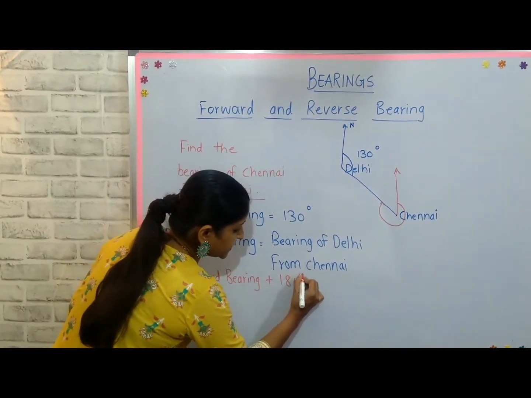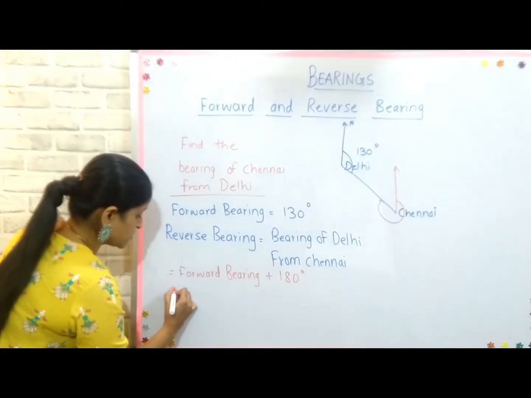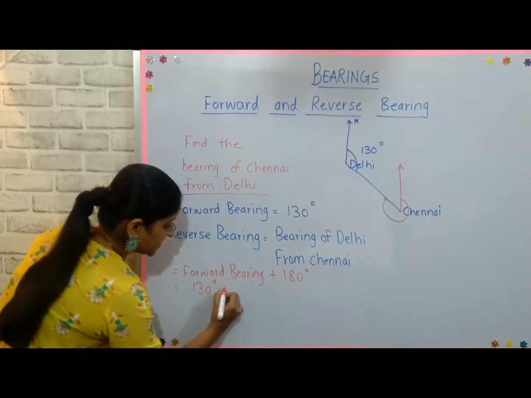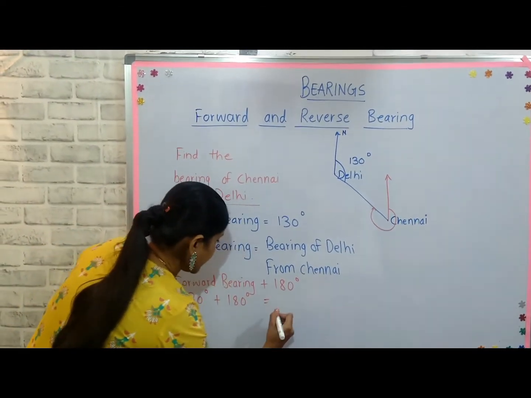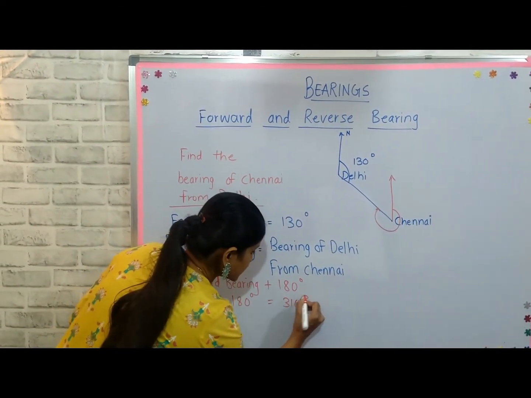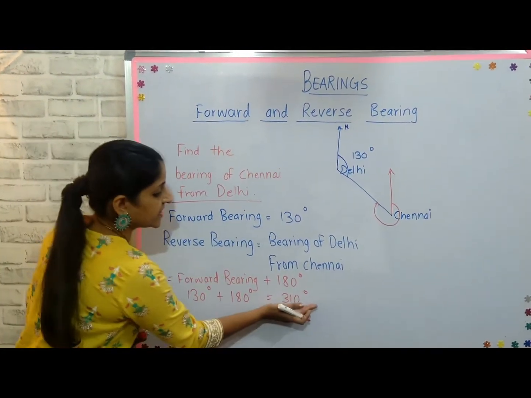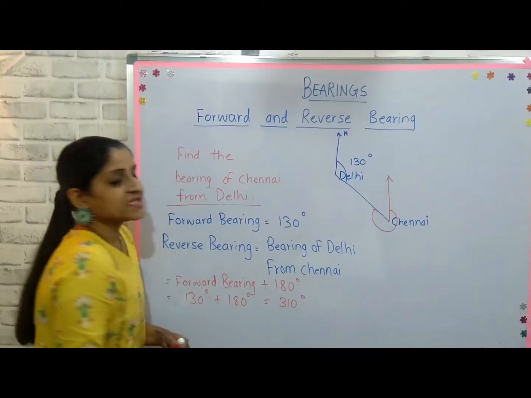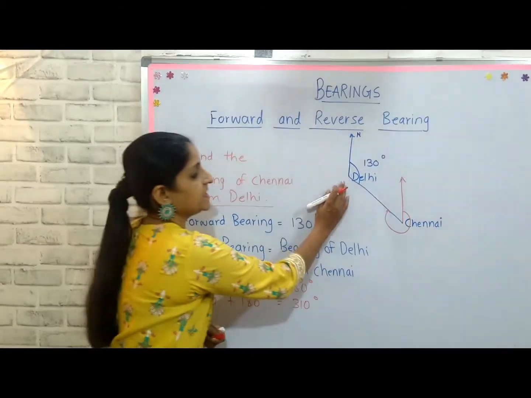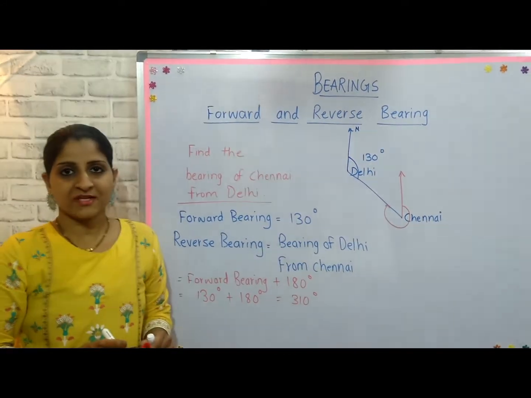plus 180 degrees. So my forward bearing was 130 degrees. I will add 180 degrees to that and I will get my final answer as 310 degrees. So this 310 degrees is my reflex angle, that is the bearing of Delhi from Chennai. But I didn't have to measure that reflex angle over here.